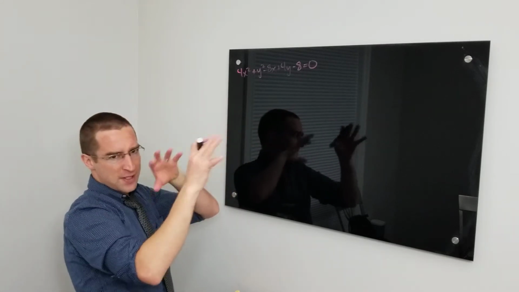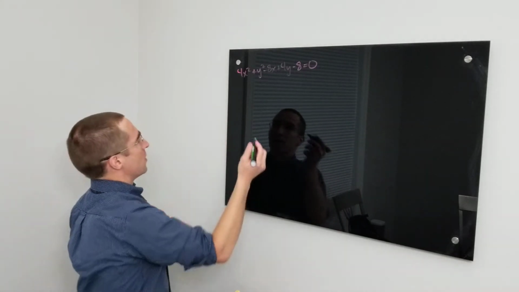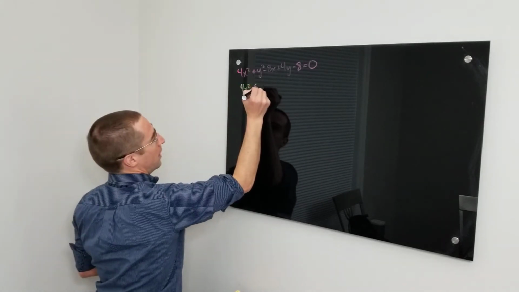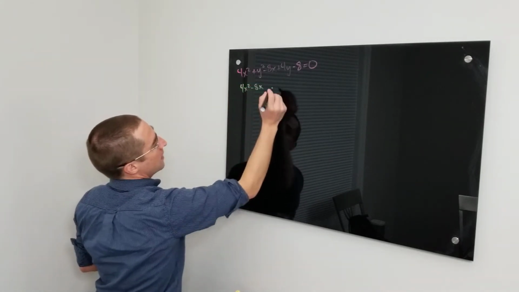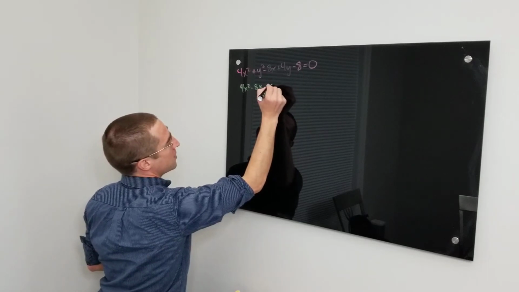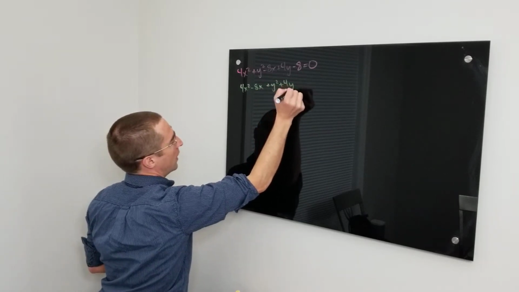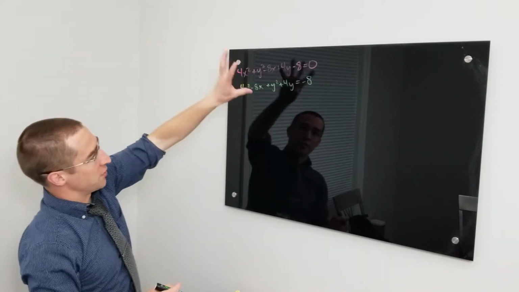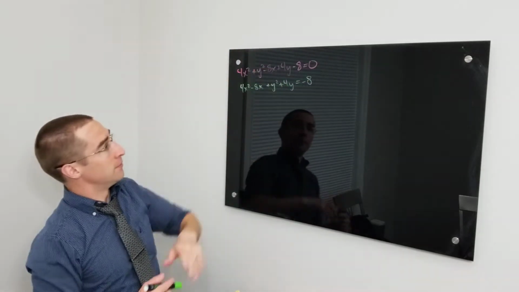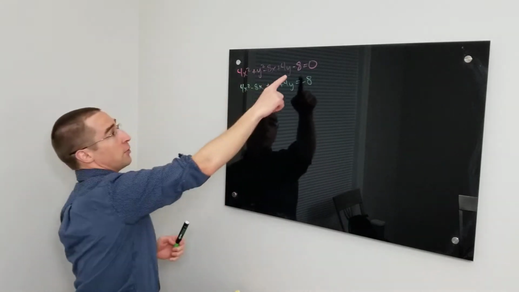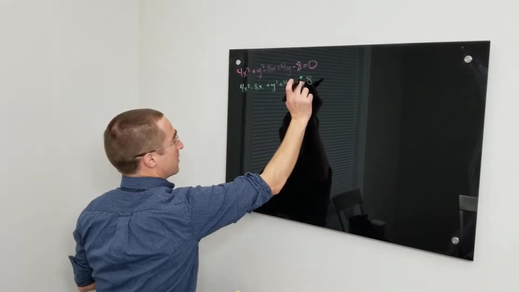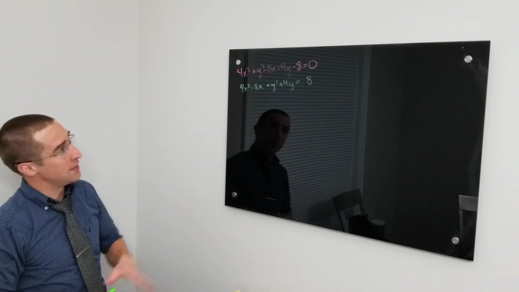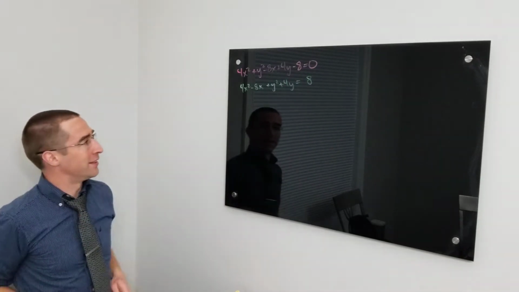So I'm going to bring the x's together: 4x squared minus 8x, and then plus y squared plus 4y equals, I goofed, we want to add 8 to the other side, so positive 8.